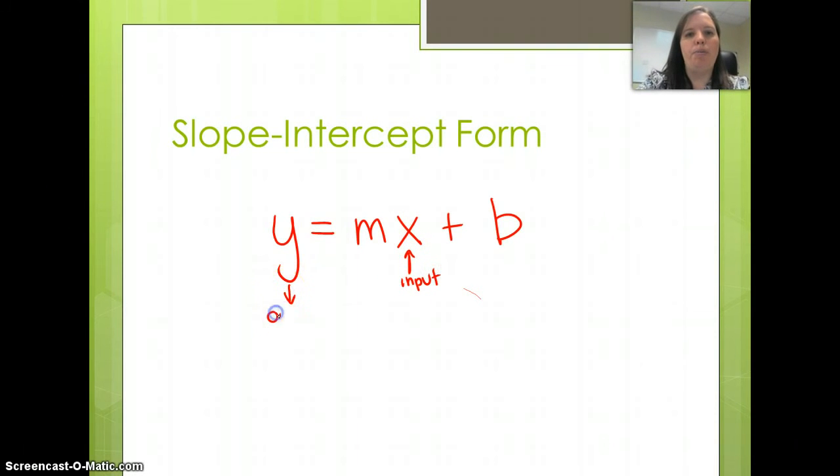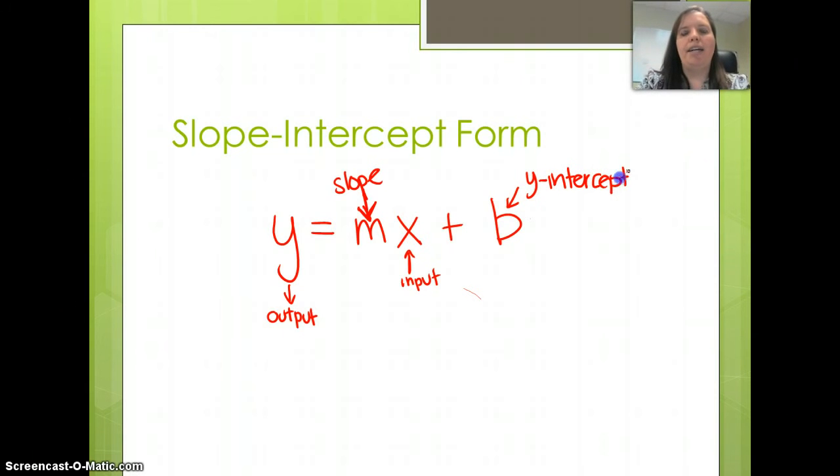There's your output where you get numbers out. You get a value for y. y equals mx plus b is the general form of slope-intercept form. The m still stands for slope, but now the b value stands for your y-intercept value.